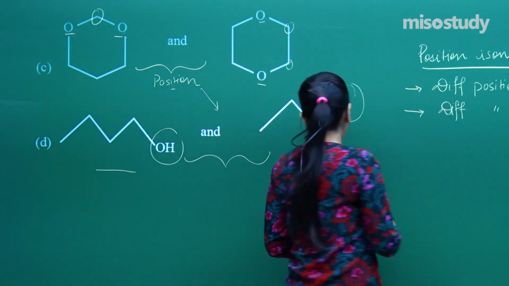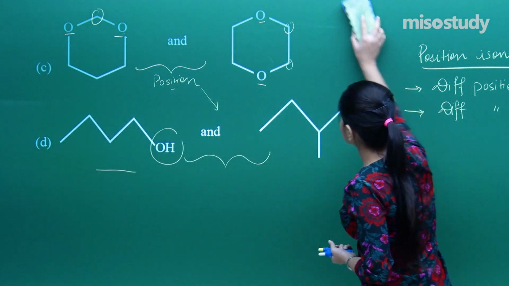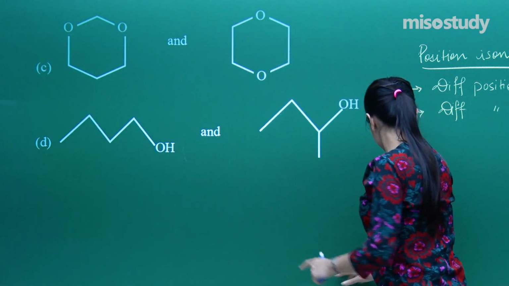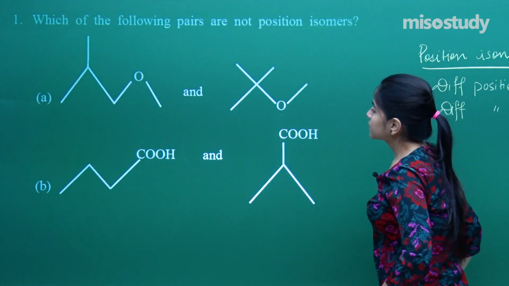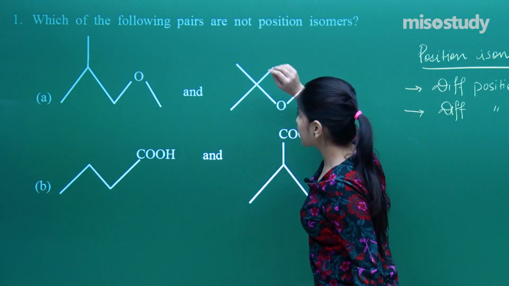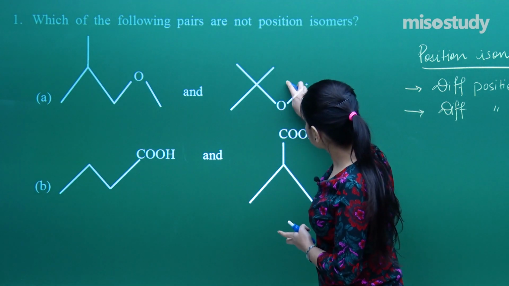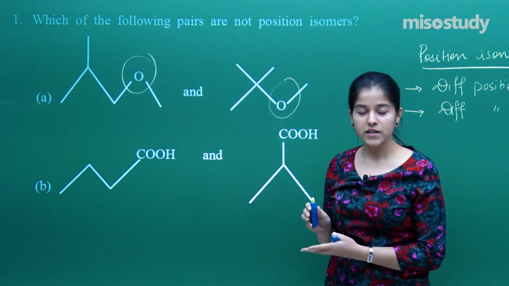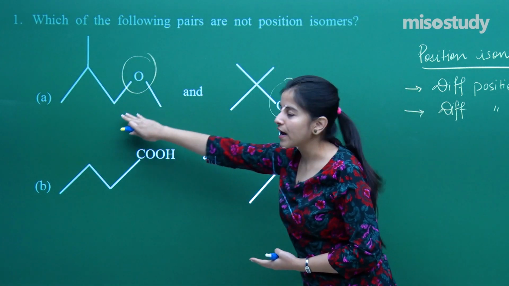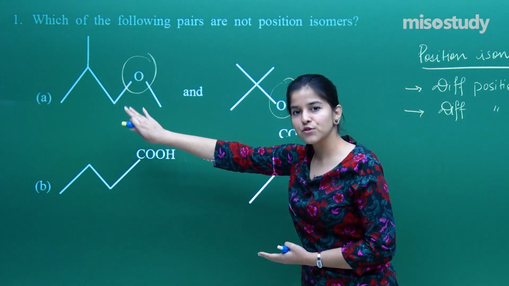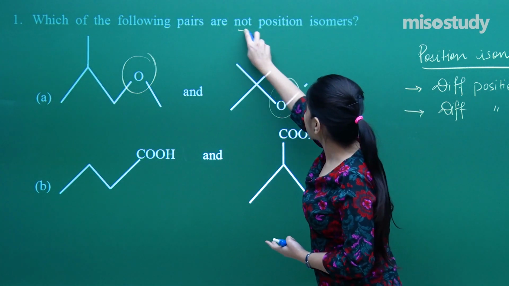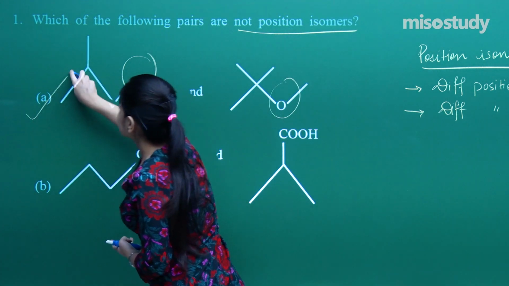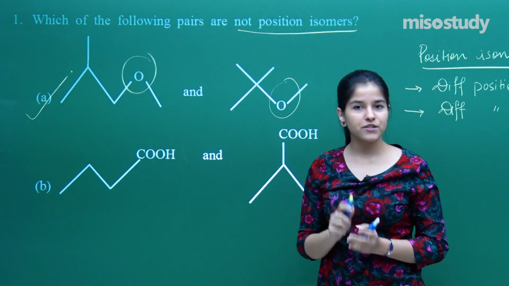Looking at all the options, here I have two position isomers, and in the previous one also position, but this one is not, because the position of this oxygen has not been changed at all. The remaining chain has changed. That means this is a chain isomer, not a position isomer. I needed to find out the not position isomer, so that is this very case. I hope everybody has got the answer here.